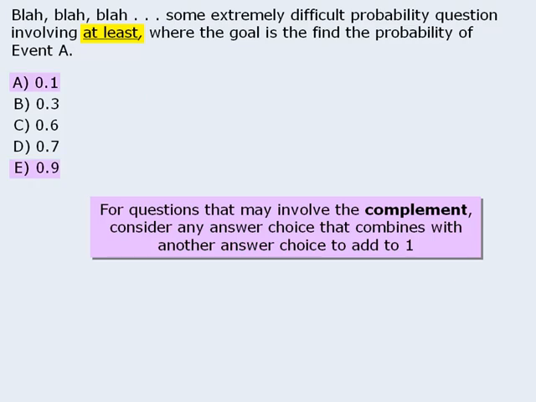We see that answer choices A and E add to 1, so we might not eliminate them just yet. Here's another pair of answer choices that add to 1, so we'll leave them alone for the moment as well. Answer choice C, however, cannot pair with another answer choice to add to 1, so let's eliminate it from our guesses. Now, can we be certain that answer choice C is not correct? Absolutely not, but remember that we are guessing here.